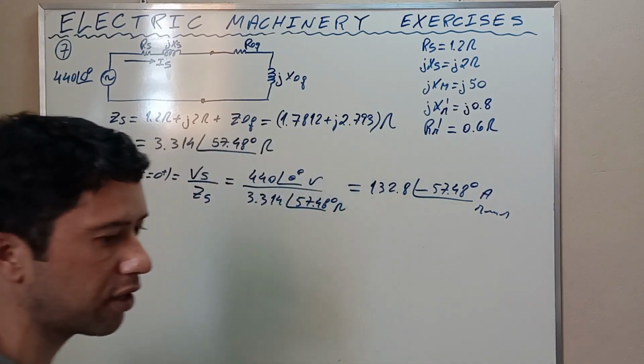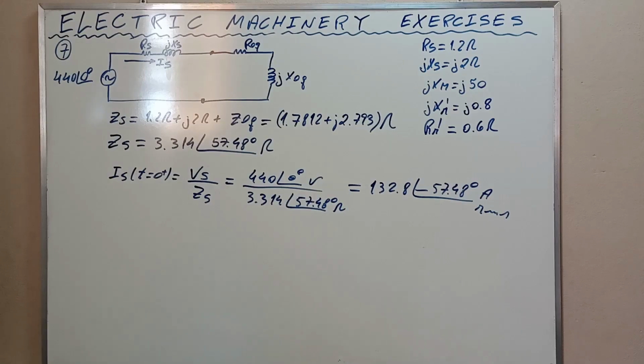This is the starting phase current. As the motor is delta connected, the phase voltages are equal to the line voltages, but it doesn't happen with the currents.